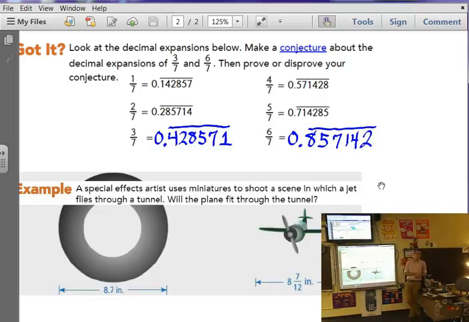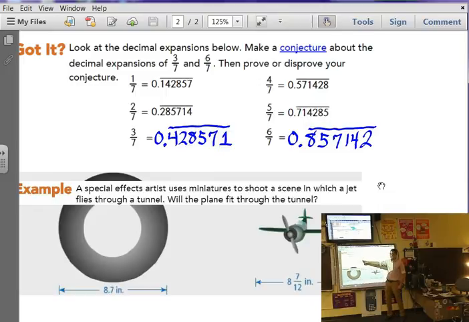What are the multiples of 7? Is 14 a multiple of 7? Yeah. Is 28 a multiple of 7? Yeah. Is 57? No, but it's close. 14, 28, 57.